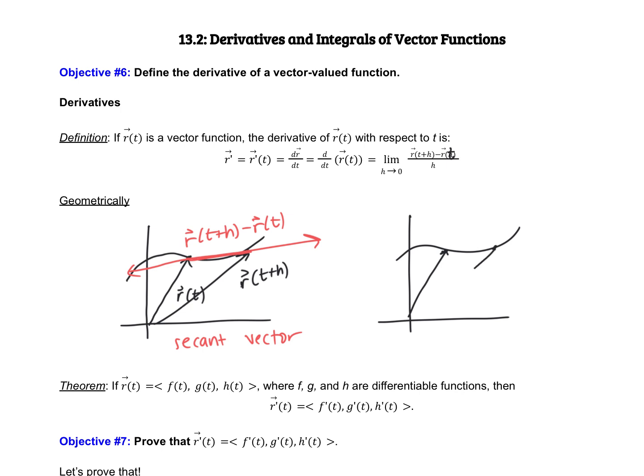Here was our r of t plus h. And then we had our secant that we drew in. Okay, so if we pick something significantly closer, we're going to end up with a more accurate secant line, and ultimately what we are looking for is the tangent line.